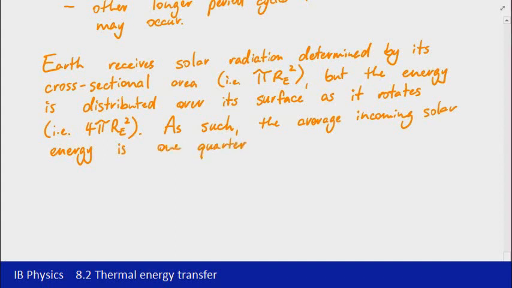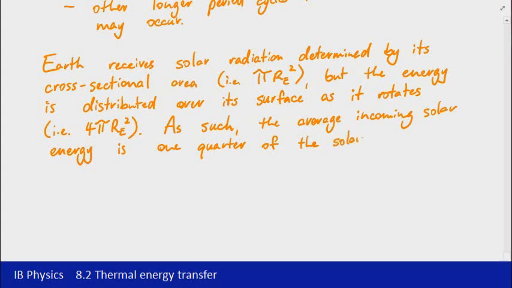And you can see there between those two area calculations, the difference there is the factor of 4. So the cross-sectional area relates to the solar constant. The surface area relates to the energy that's actually received by the Earth.